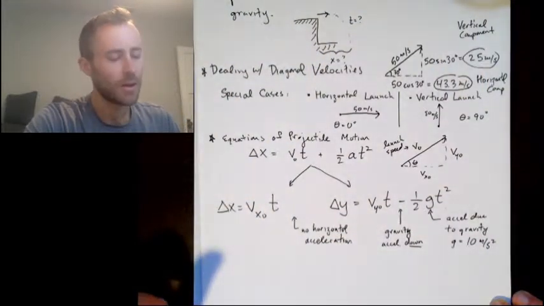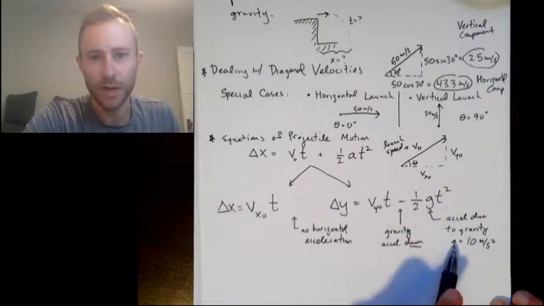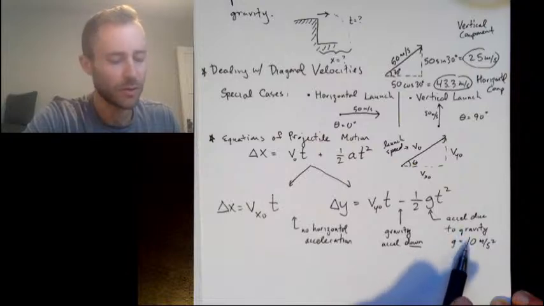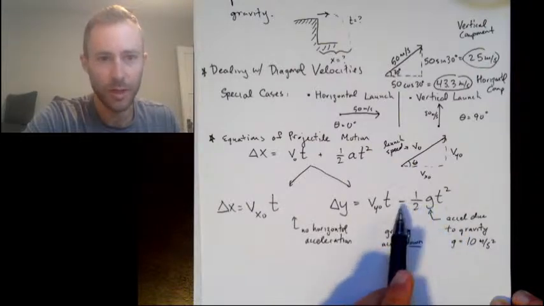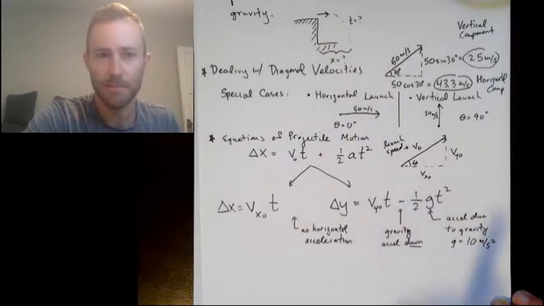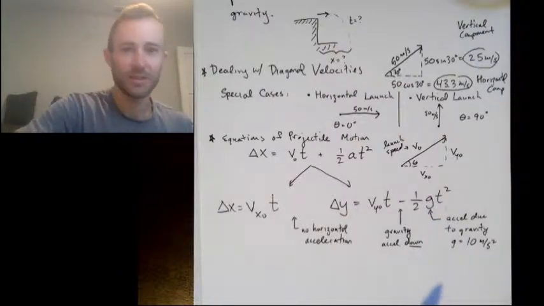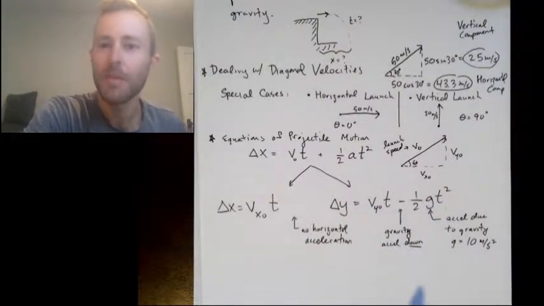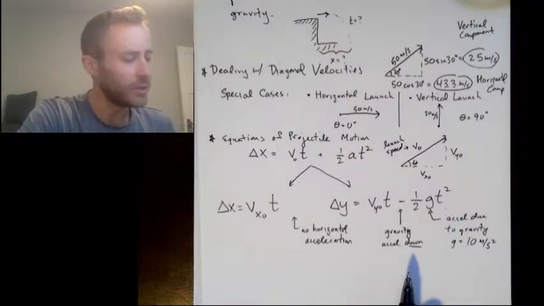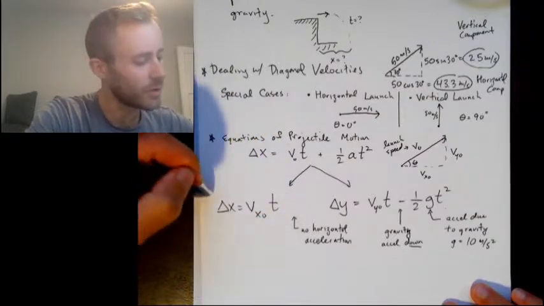Okay? Keep in mind that the variable g is defined as having a positive sign. So the acceleration is, so there's no double negative here. There's only one negative, and it's coming from that spot right there. Okay? If you put in a double negative, then that would represent anti-gravity, causing things to accelerate up into the sky. Okay? So these are the two equations. These are the important equations for today.